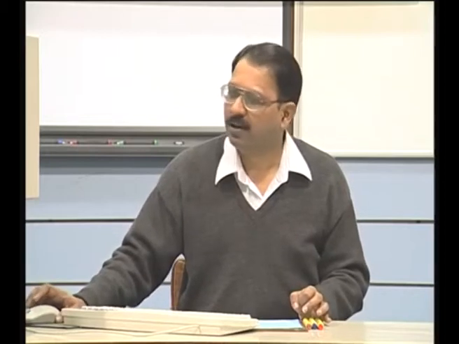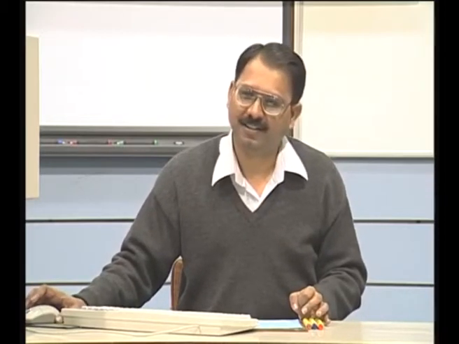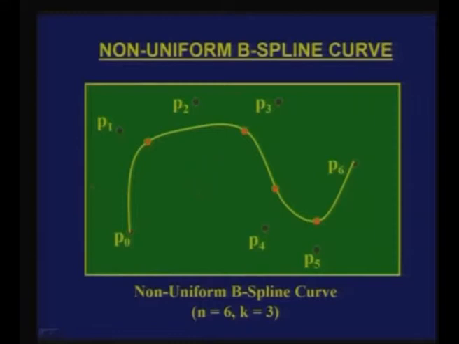Why does the word non-uniform come here? This is because every segment is influenced by 3 points. That is, if k is equal to 3, every segment is influenced by 3 control points. Now, from the reverse point of view, if I take a control point, how many segments does it influence?